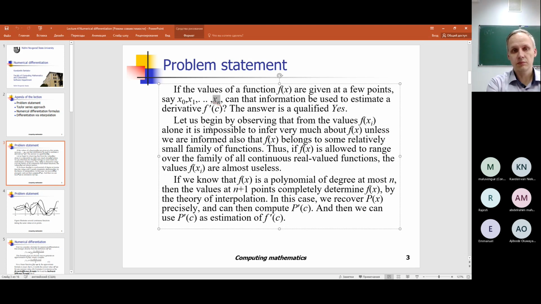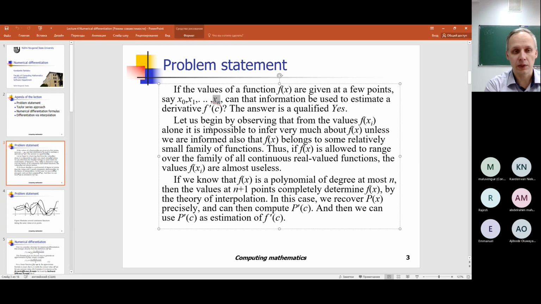The question is, can that information be used to estimate the derivative f prime of c, where c is some point? And the answer is yes.